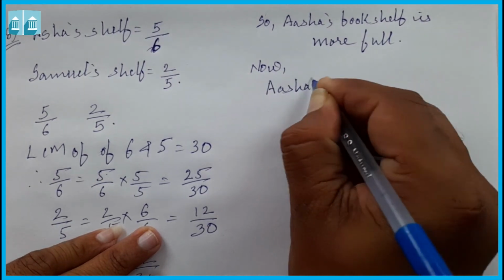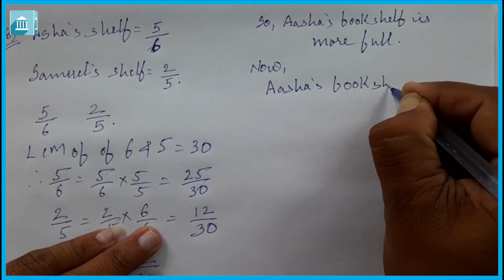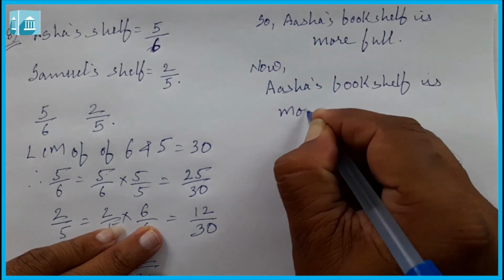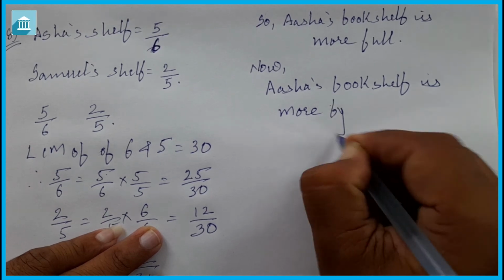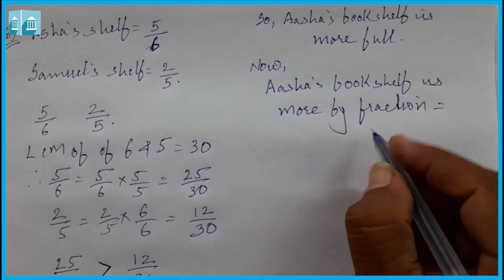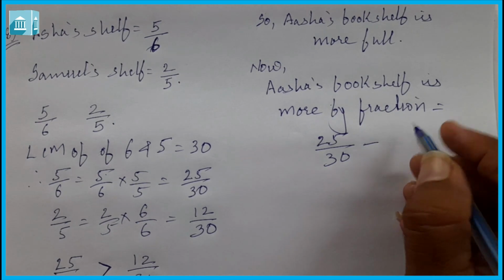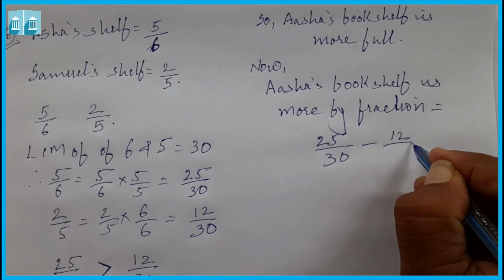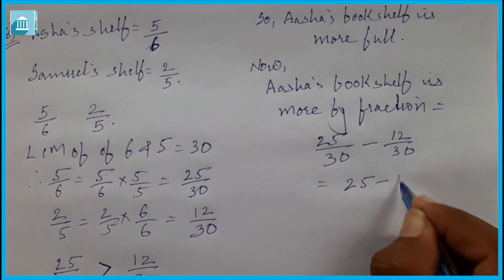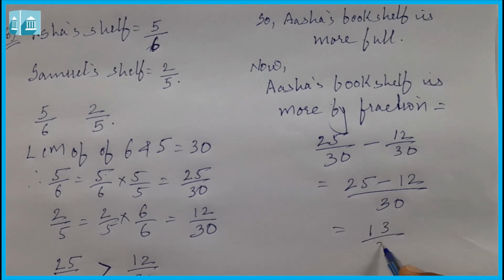Asha's bookshelf is more by the fraction equal to, what we have to do here is subtraction, that is 25 upon 30 minus 12 upon 30, which is equal to 25 minus 12 upon 30, which is equal to 13 upon 30.